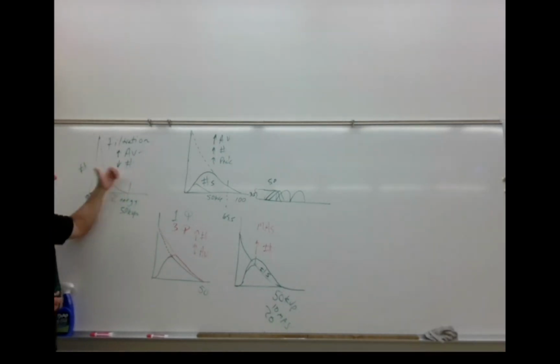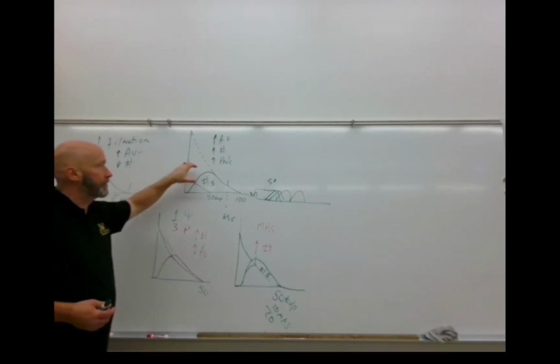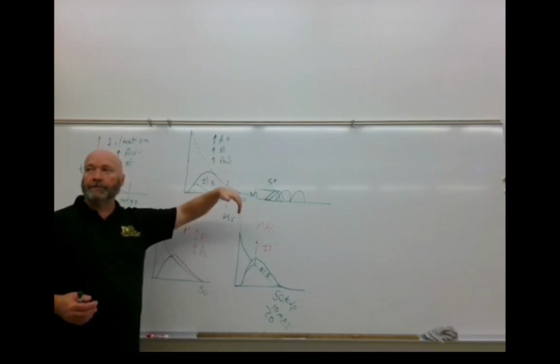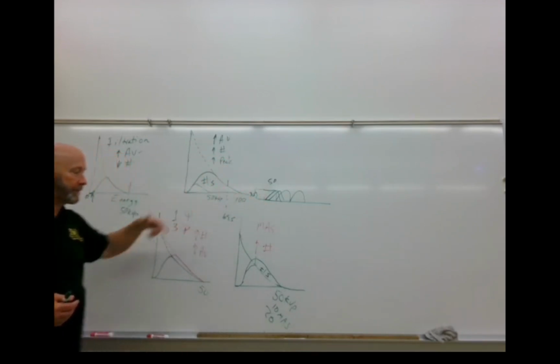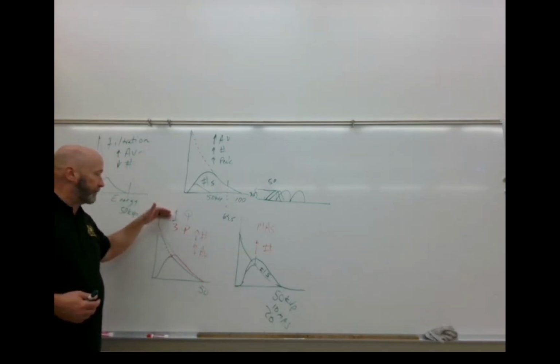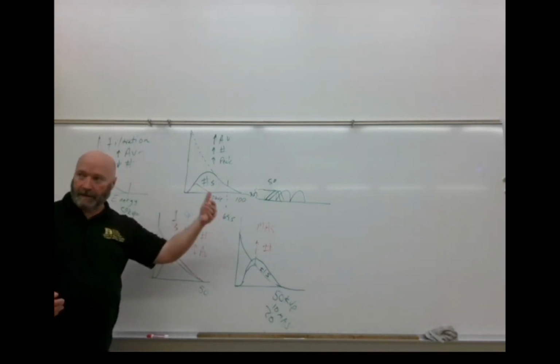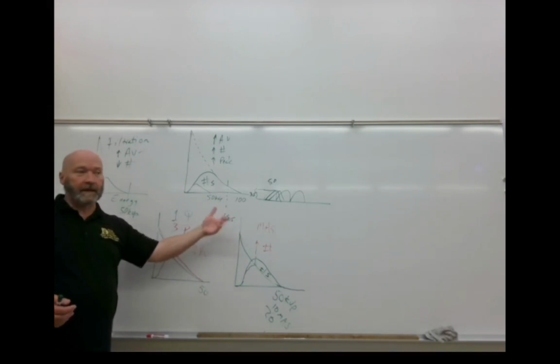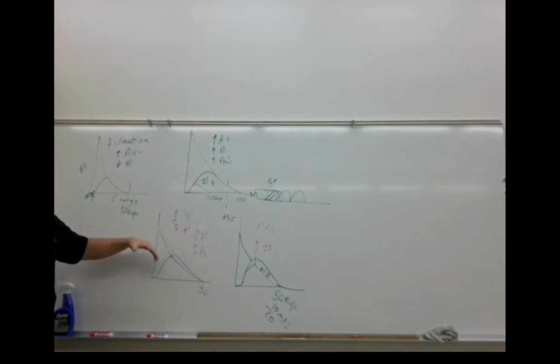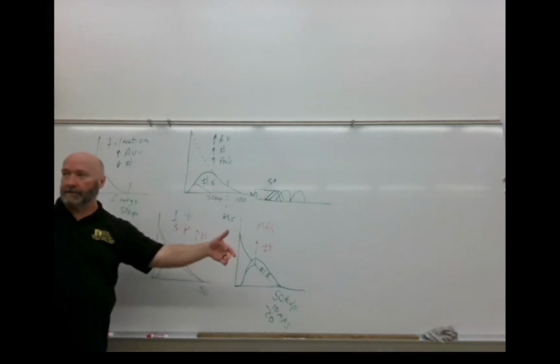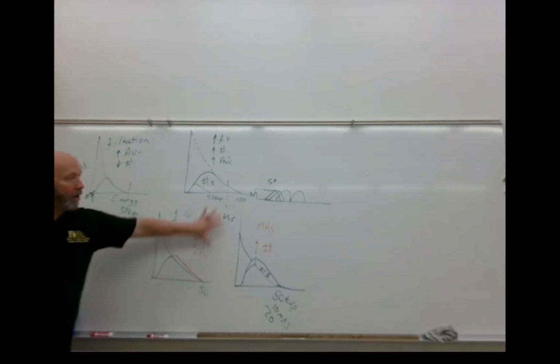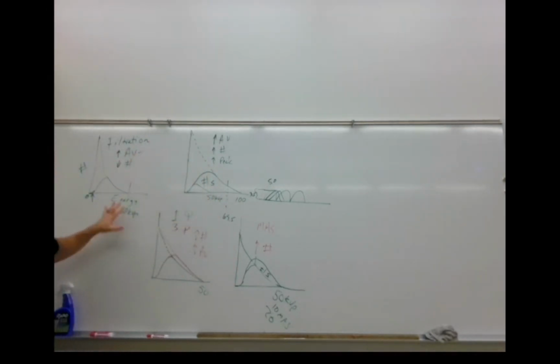So we add filtration, adjust our mAs, and what we're going to get is more scatter radiation to the image receptor. We increase kVp, we get more penetration, we get more scatter to the image receptor. We change from single phase to three phase, and then three phase to high frequency, we increase the average energy and the numbers, and we get more scatter radiation to the image receptor. So all three of these change the PE ratio, and increase the likelihood that we're going to have more scatter radiation at the image receptor.